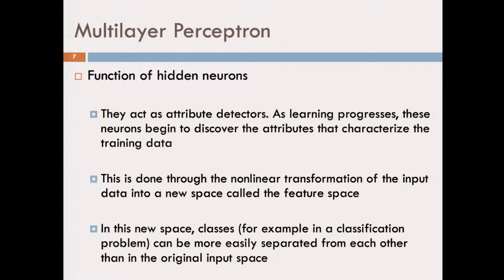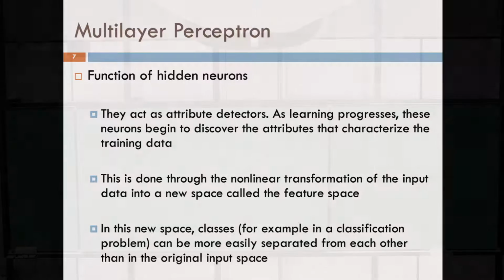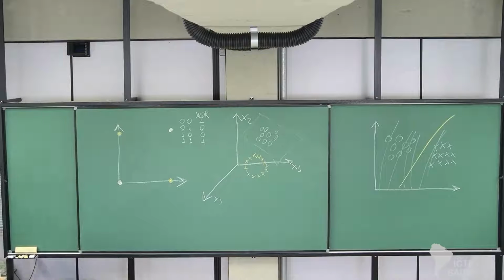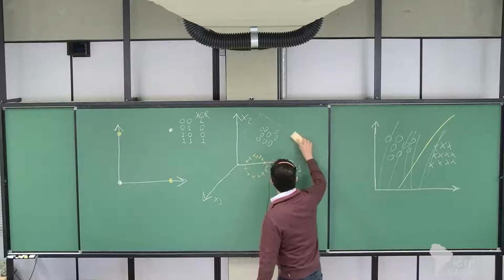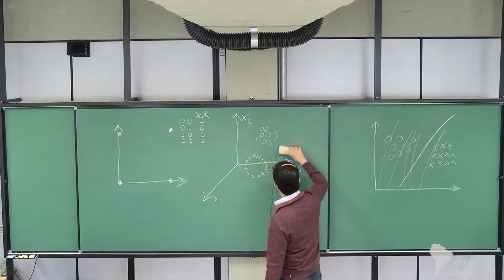Giving another example. Suppose you have this kind of data here. Well, this is linearly separable. But now suppose you have this kind of data.